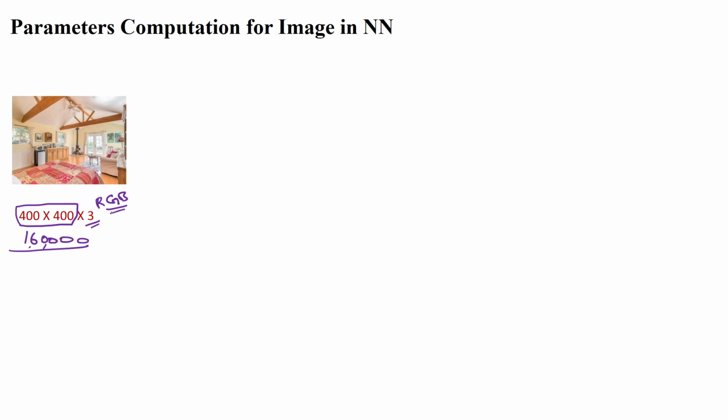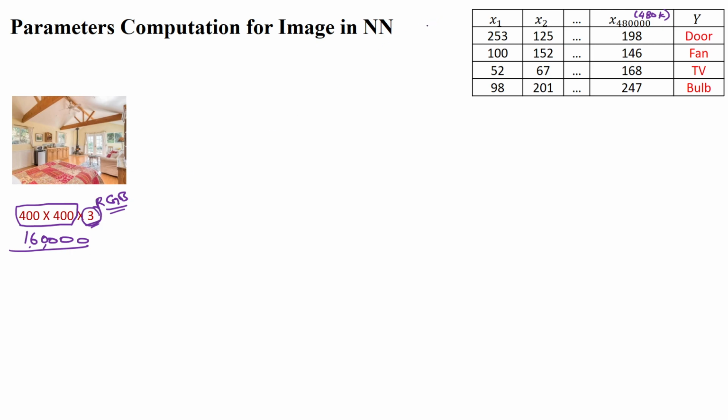When you take the three channels, we calculate the intensity values for all three channels. So when you calculate 160k into 3, you get 480k. So you look at that, we have 480k features. Then we will have the desired output, that means the actual output.